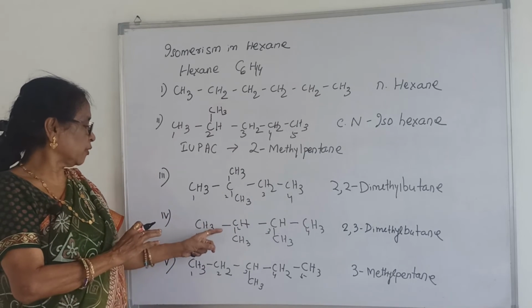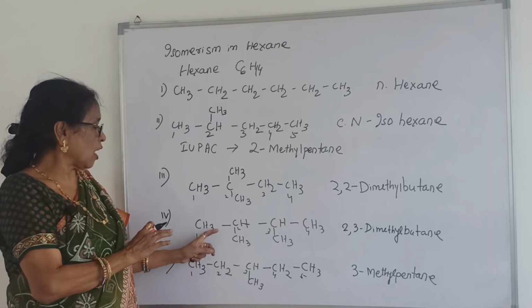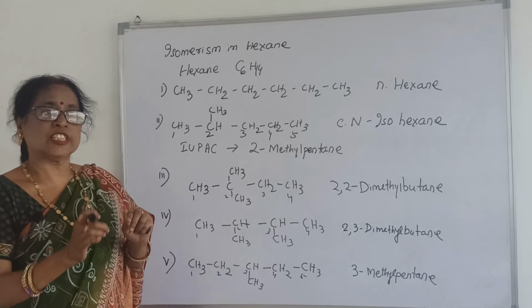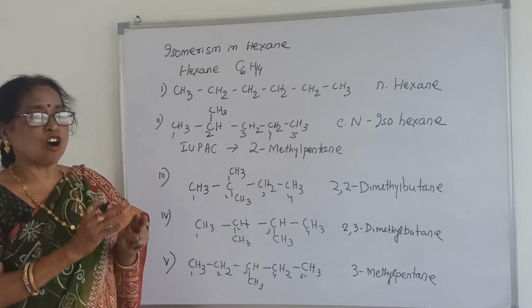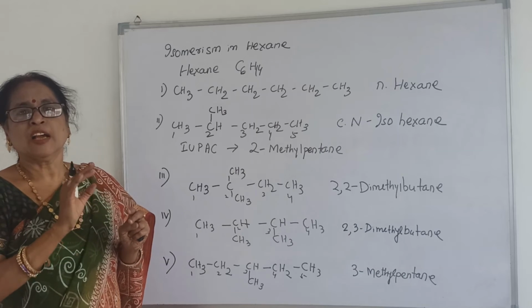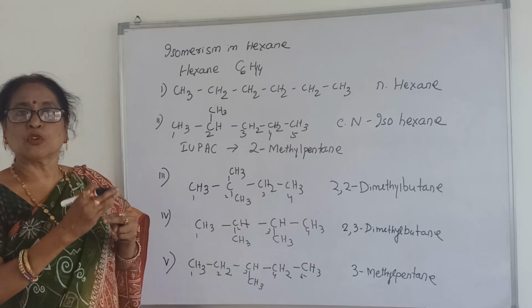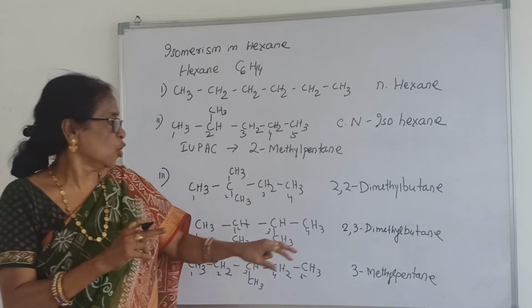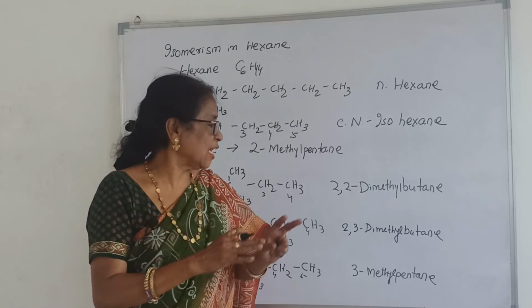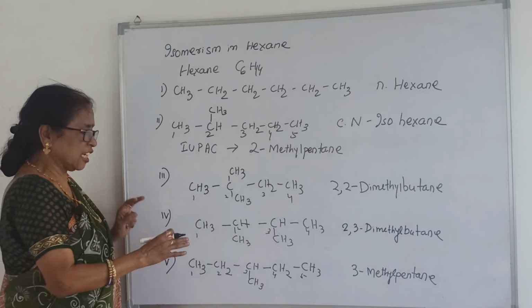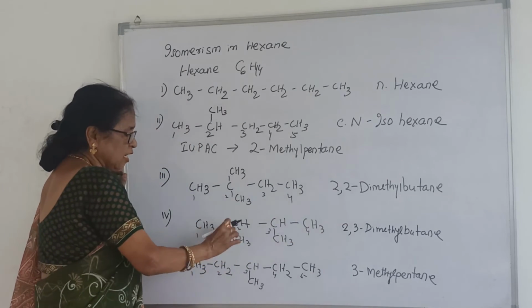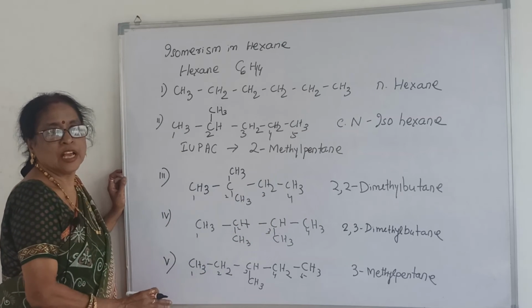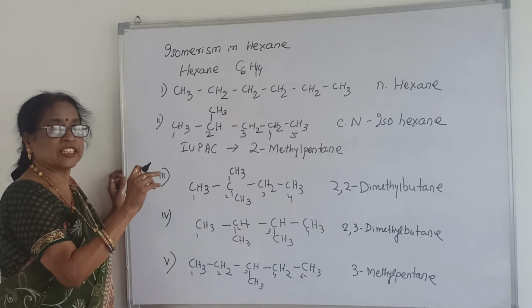And here 1, 2, 3, 4. See, from this side it is nearer to the end, so 1, 2, in 2 also CH3, in 3 also CH3. In 2 position CH3, in 3 position CH3. How many CH3? Dimethyl. CH3 means methyl, and 2 times is dimethyl. And what are the positions? 2, 3. 2,3-dimethylbutane. I hope it is clear. Butane is the long chain, 2 times methyl is dimethyl, positions 2, 3, and D starts with a small letter.